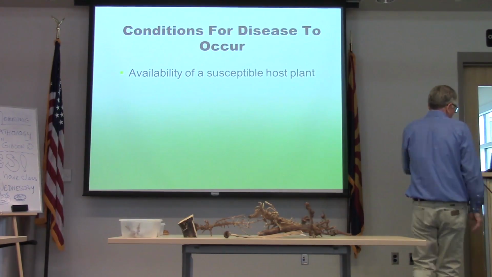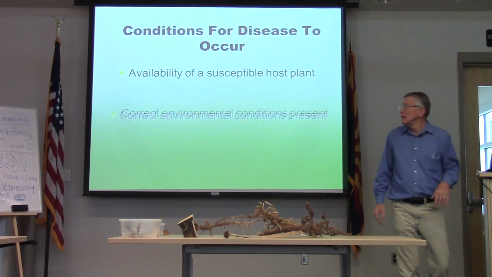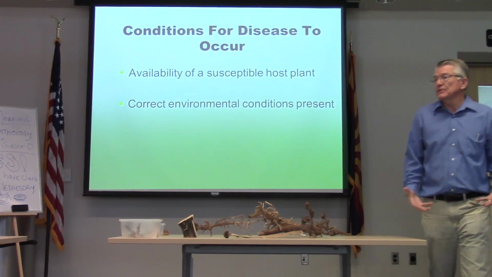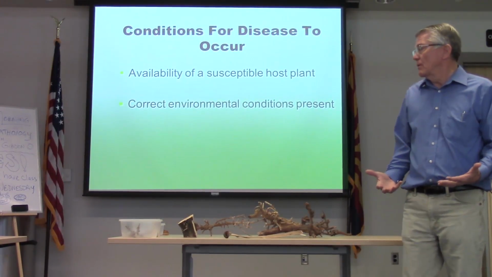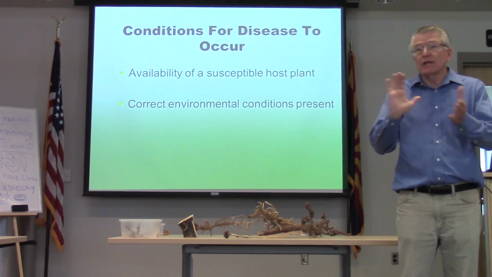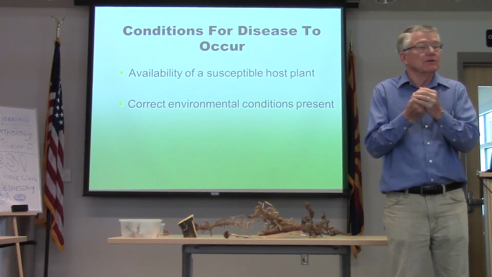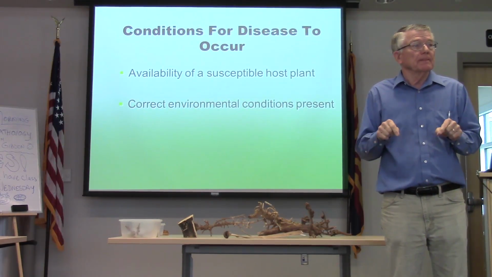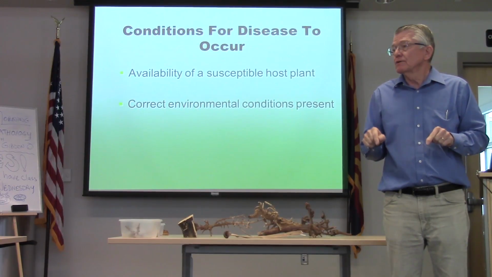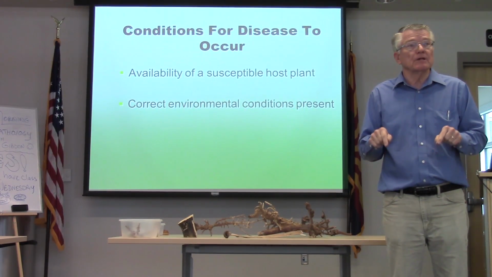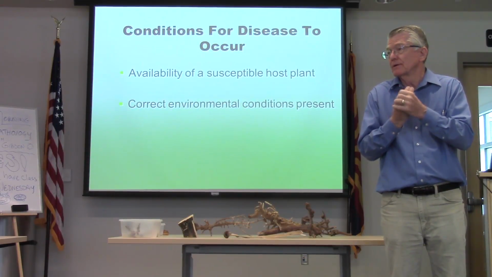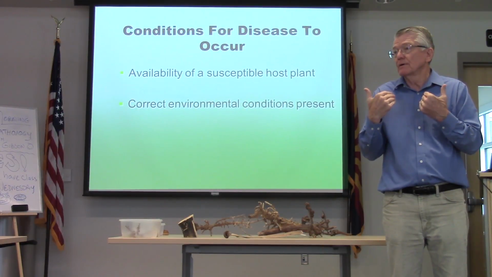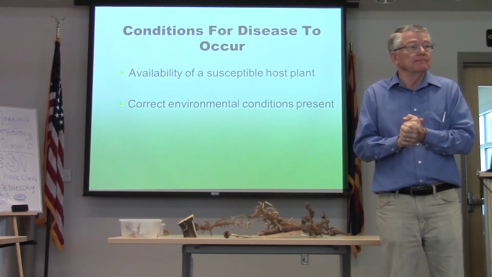Next, there has to be the correct environmental condition. There has to be the right conditions for that to grow. If I'm consistently washing my hands during the flu season, it greatly reduces my opportunity to have that disease because I am creating an environment in one of the major ways for that disease to move by washing my hands.